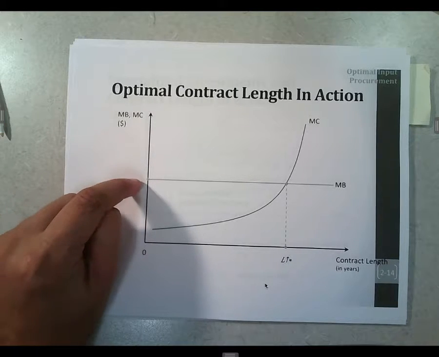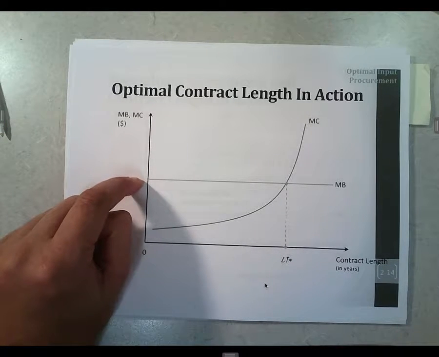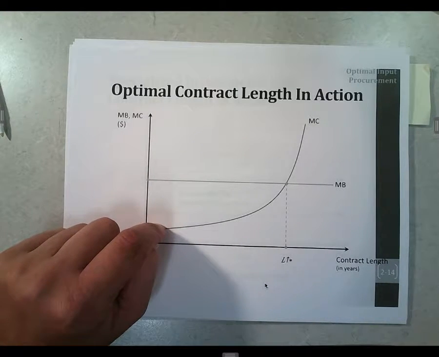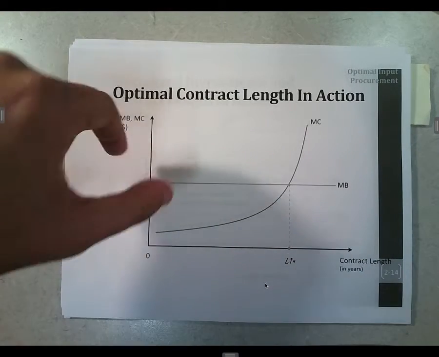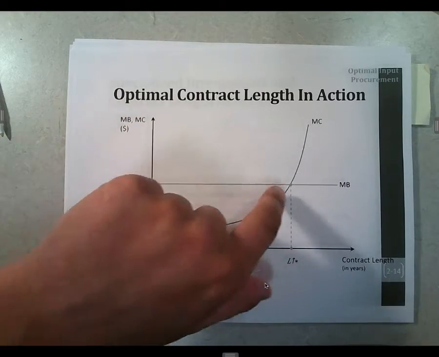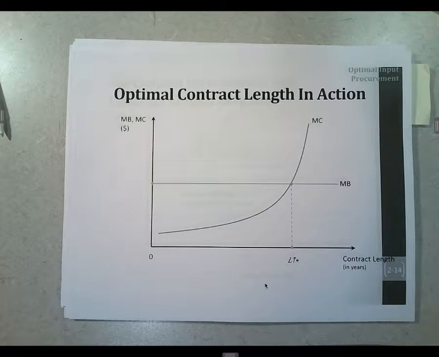I'm obviously getting a constant benefit from having access to those inputs. We're just saying the cost of getting those inputs is changing. But if you can accurately graph what these are, then obviously I'm going to set my marginal benefits equal to my cost.